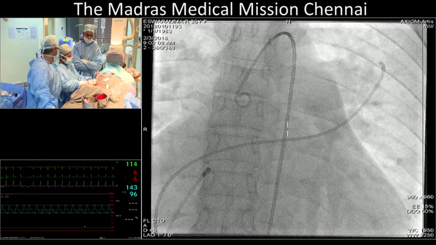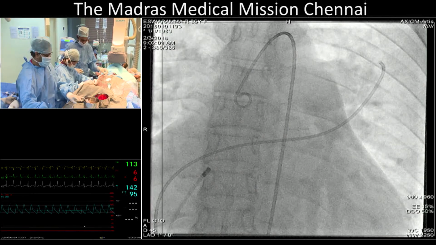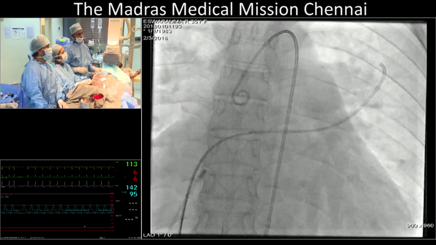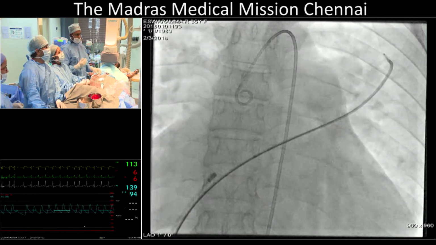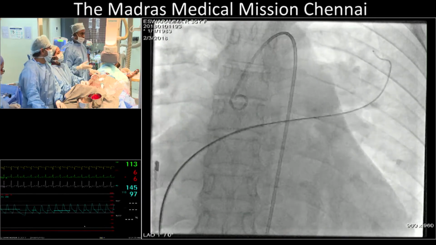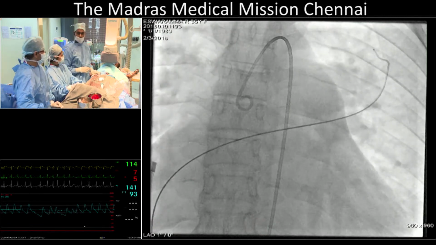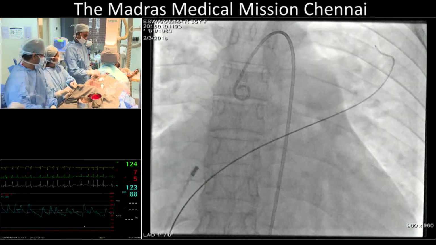Don't stop. Go ahead. I just have a comment with regards to the conversation that's going on, because I think fundamentally there's a little bit of a difference between a primary left to right shunt, increased PVR, and pulmonary hypertension versus this particular unique subset of what we call ASD-associated pulmonary hypertension. These are patients where you have some baseline pulmonary hypertension. They also have an ASD.